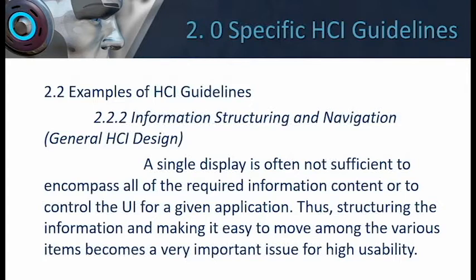Thus, structuring the information and making it easy to move among the various items becomes a very important issue for high usability. Structuring information, content, and controlling the interface for HCI is closely related to principles of understanding.